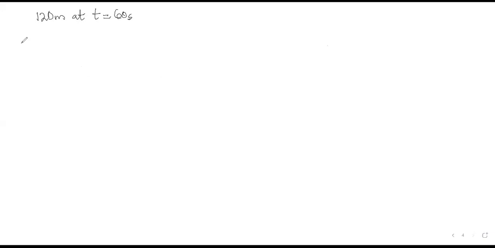Therefore, for both the distance-time graph and acceleration, I'll need the slope. So the slope of a distance-time graph must give me the speed. The speed for a distance-time graph will be equal to the distance traveled over the time.